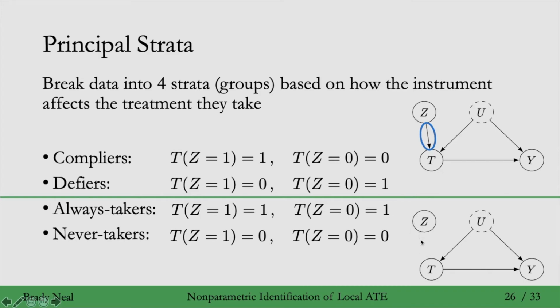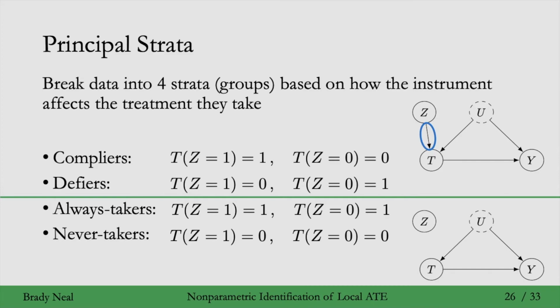So there's really no arrow from Z to T in the always takers group. And it's the same with the never takers, because for them, no matter if Z equals 1 or if Z equals 0, they're going to take T equals 0 in both cases. So for both the always takers and the never takers, their graphs don't have any edge from Z to T. There is no causal effect of Z on T in those groups. This is something crucial that we'll be using for identification of the local average treatment effect.